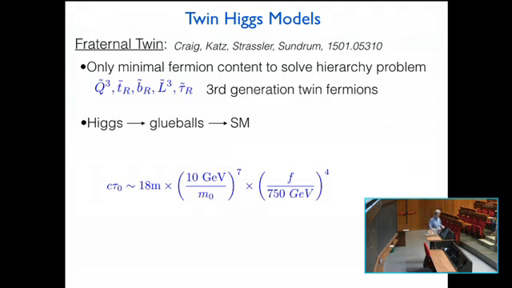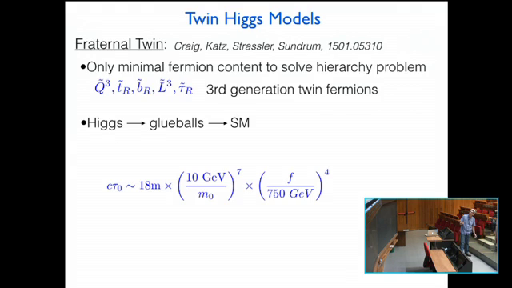Now, there is also another version which is more tailored to having signals, which is called the fraternal twin. In the fraternal twin, only the minimal fermion content to solve the hierarchy problem is considered. It's kind of like the twin Higgs version of natural SUSY. In here, you only have the third generation quarks and leptons.